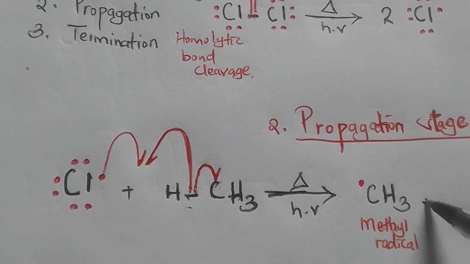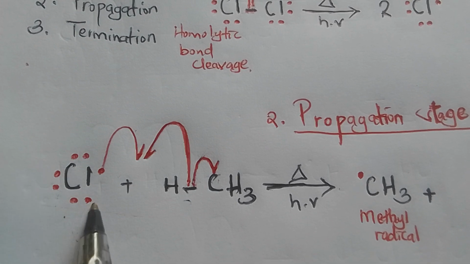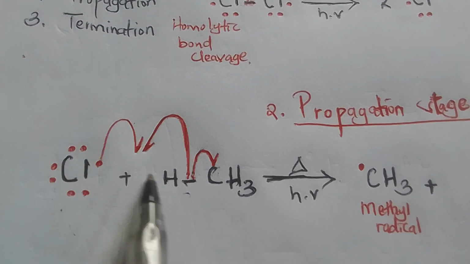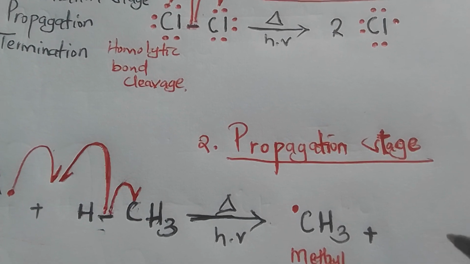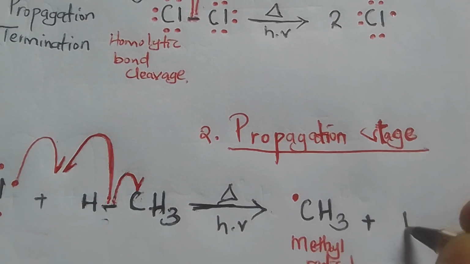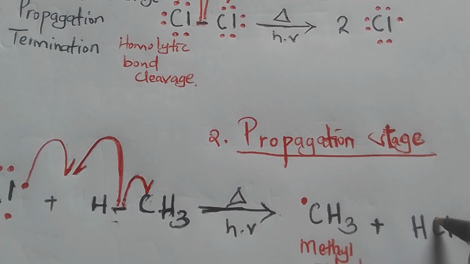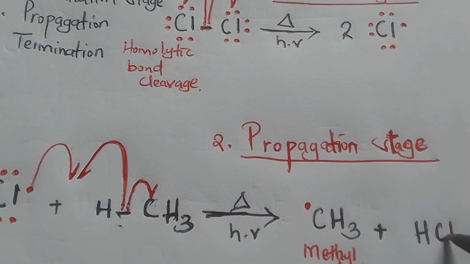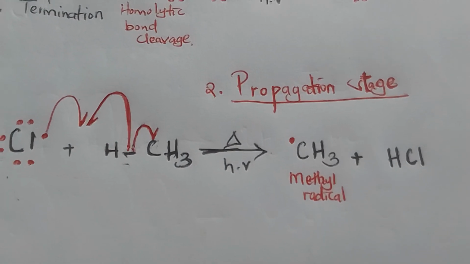Another substance that is formed is from the reaction of chlorine and the hydrogen that has been snatched, so we have HCl. When chlorine reacts with hydrogen, we form hydrogen chloride.